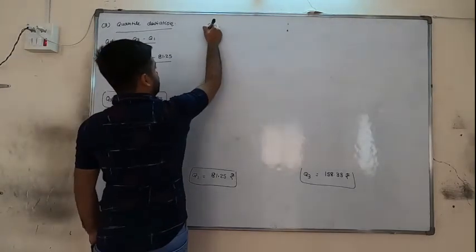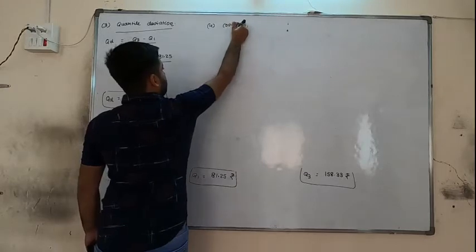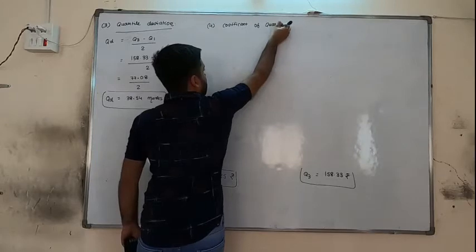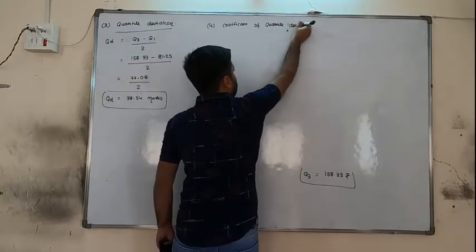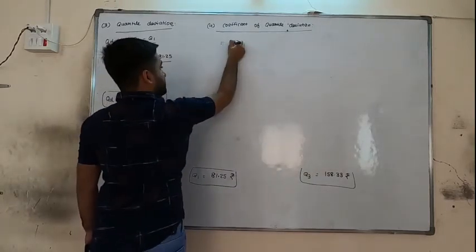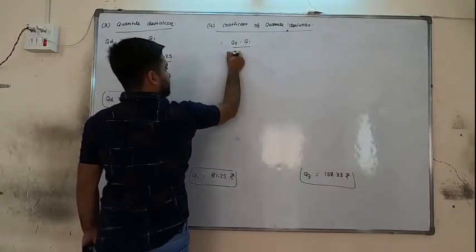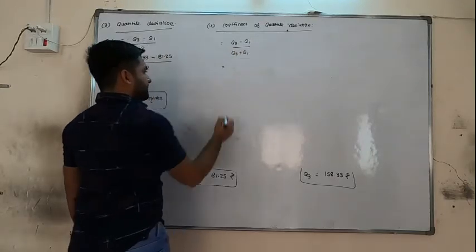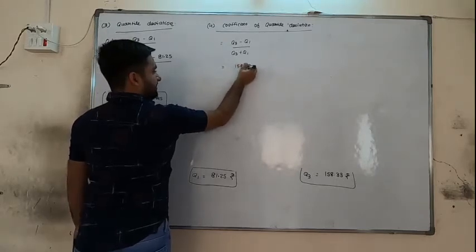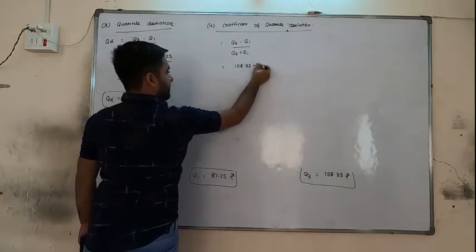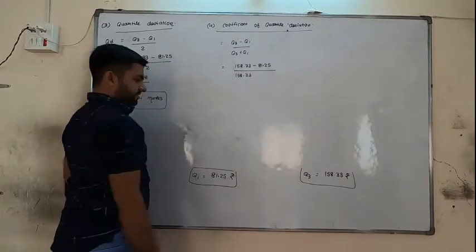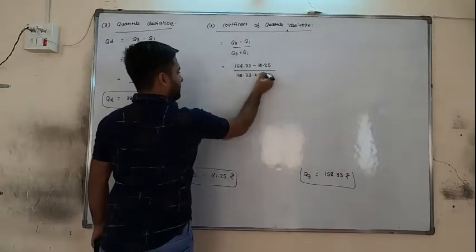Last step, coefficient of quartile deviation is equal to Q3 minus Q1 divided by Q3 plus Q1. 158.33 minus 81.25 divided by 158.33 plus 81.25.